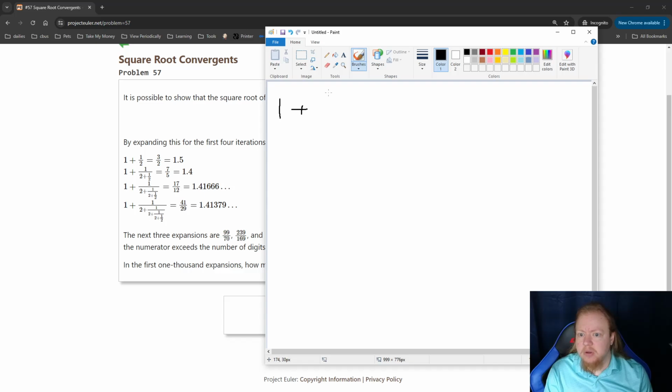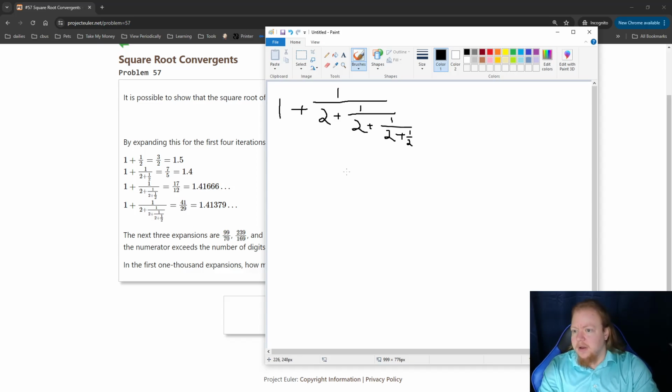So I'm just going to draw this out here. Okay, so 2 plus 1 over 2 is easy. We take 2, multiply by 2, add a 1, so it's 5 over 2.